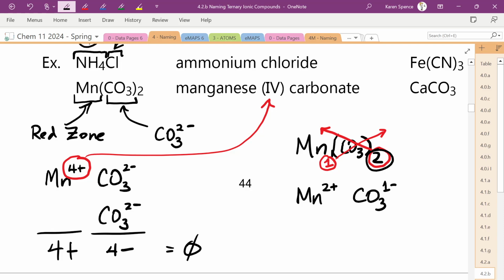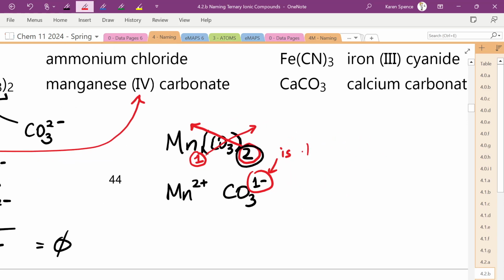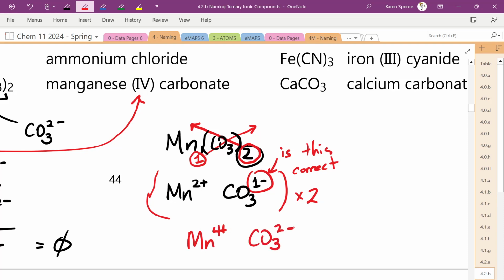But remember, you have to check. Is this correct? Is carbonate 1 minus? No, it's 2 minus. So what do we need to do to the whole thing? We need to multiply by 2. So we end up with Mn4 plus and CO3 2 minus.